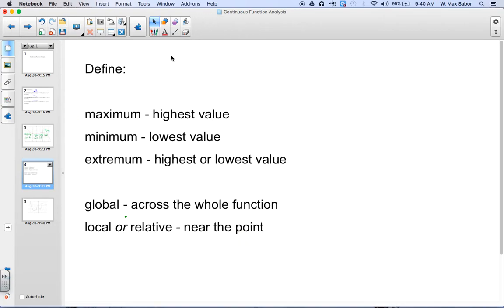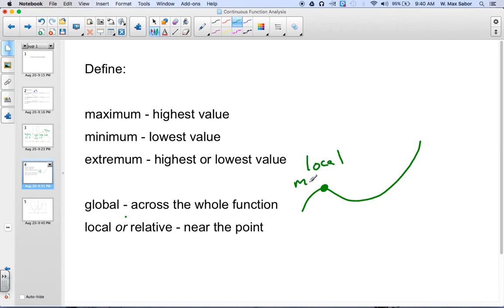What I mean by that is, if we have something like this, this is a local maximum because the y coordinate here is bigger than it is here or here. The points around it are smaller, so it is a local maximum. But it's not a global maximum because over here we have a point that has a higher y coordinate.